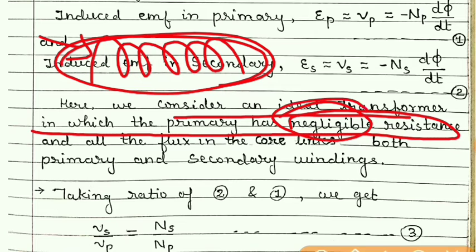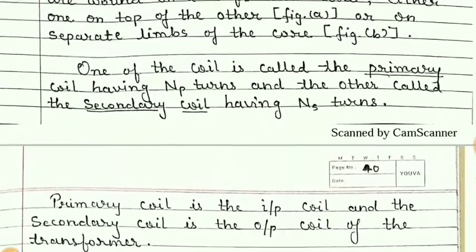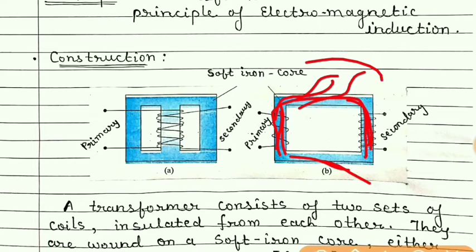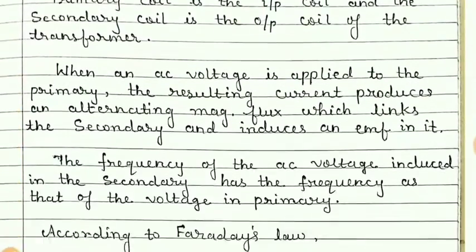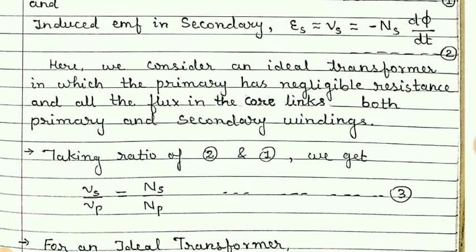So neglecting the resistance, and also all the flux in the core links both the primary and secondary, means whatever flux is induced here, the same is linked here also. There is no leakage of magnetic field around it. So we will consider that also, that there is no leakage of flux.